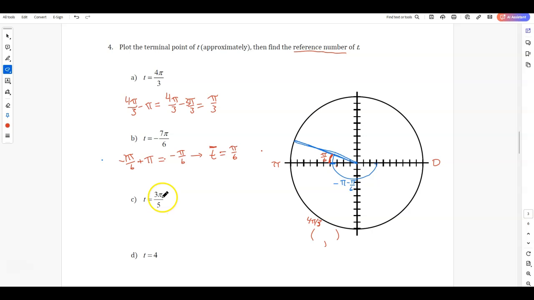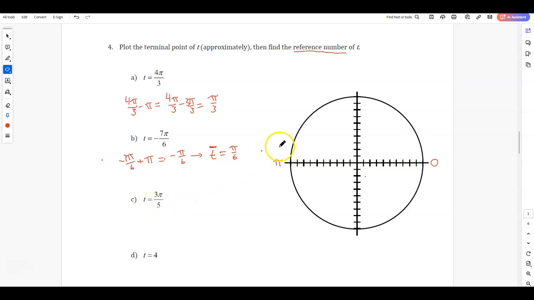Let's do two more. These are kind of weird, so we'll go ahead and figure it out. 3 pi over 5, where is that going to be? Let me go ahead and erase these other ones real quick, too. Okay, so we're working on this 3 pi over 5. We're just going to need to know where that is, right? And then how far to get to the x-axis.